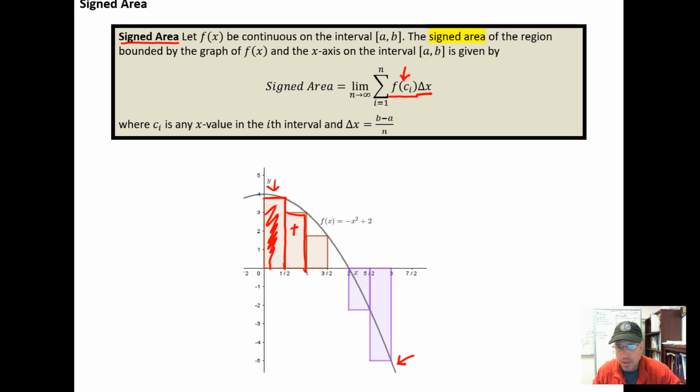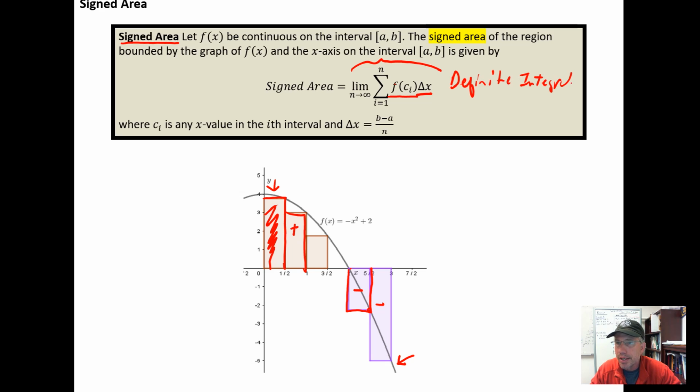But if the function goes below the x-axis, our function values are negative, so a negative number times a width gives us a negative area. We're going to allow ourselves to take the sum of the positive and the negative areas, and when we allow the function to be negative, we call this summation a definite integral.